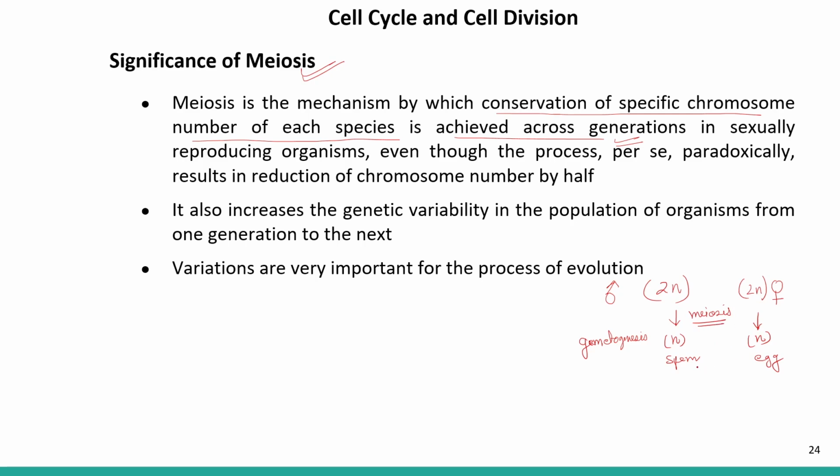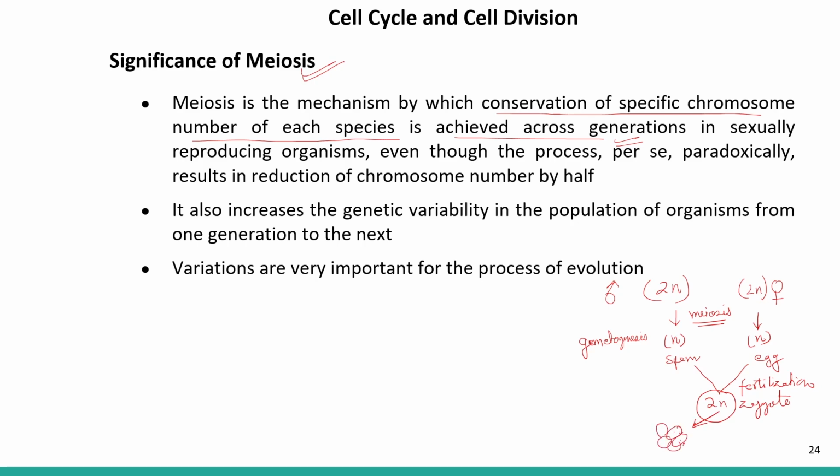Now what happened? When they get united by the process of fertilization, they form 2n. They form a 2n zygote. Now from this zygote, division takes place and forms the embryo like this.